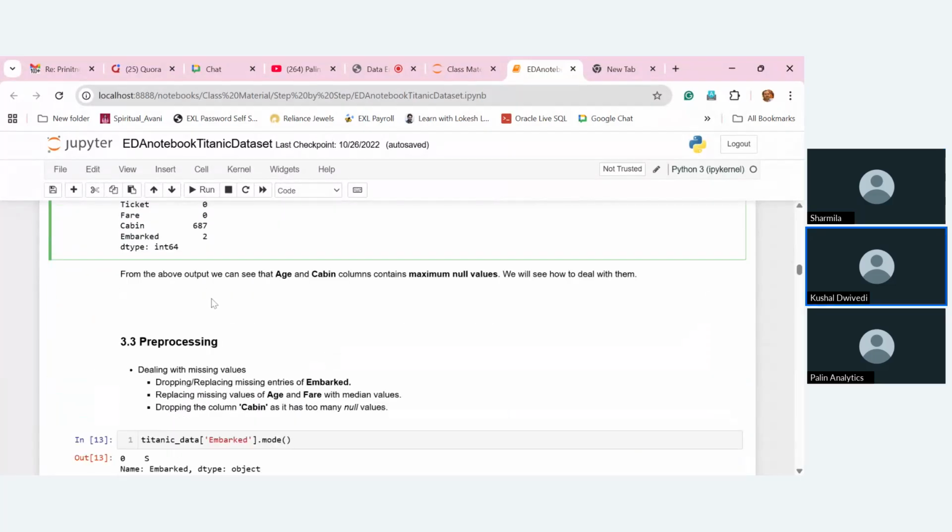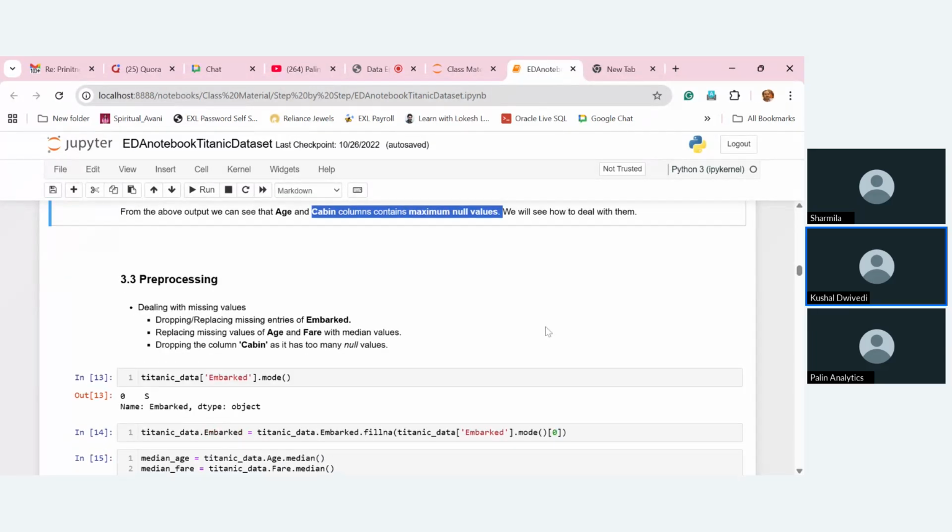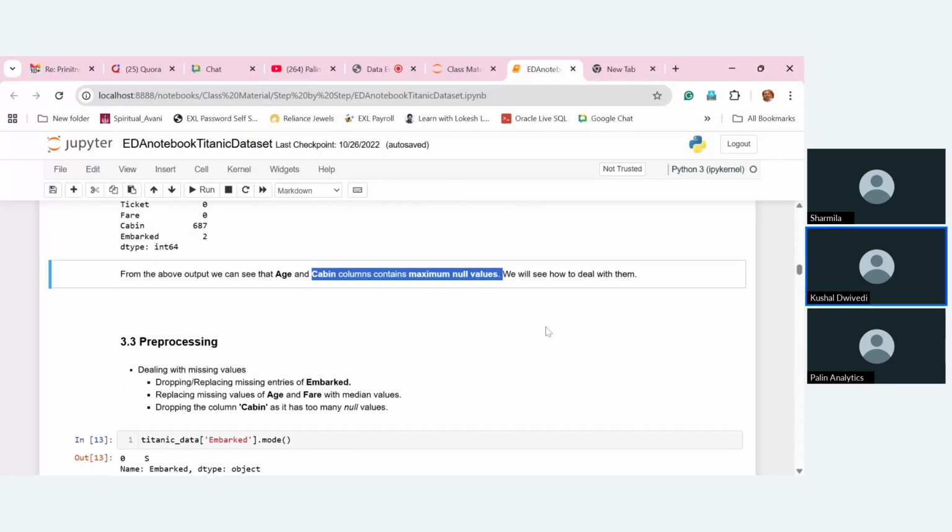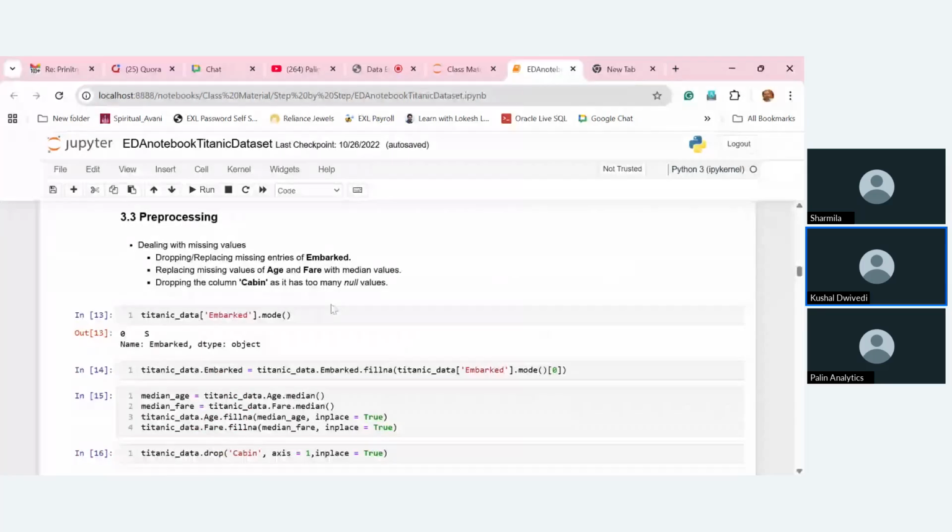Now, we can say cabin information is the biggest column where values are missing. So let's see how we can deal with these missing values. We'll do pre-processing. First of all, for embarked, only two values are missing. We'll try to replace those missing values with other values.